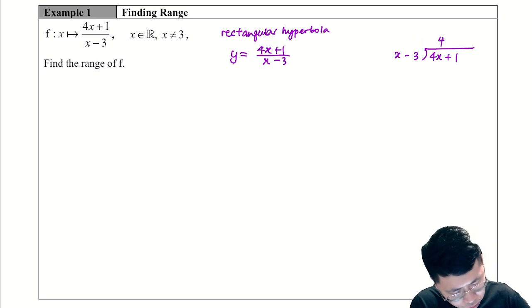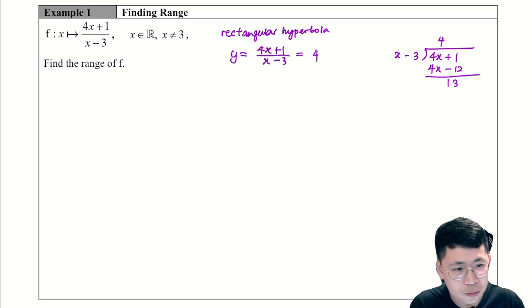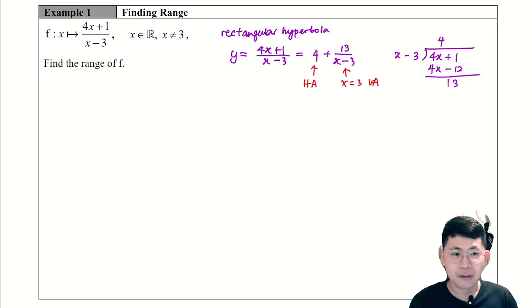This gives me 4 plus 13 over (x-3). From here, the 4 gives us the horizontal asymptote, y equals 4, and x equals 3 is going to be my vertical asymptote. Remember this concept? Let us try to draw the graph now.